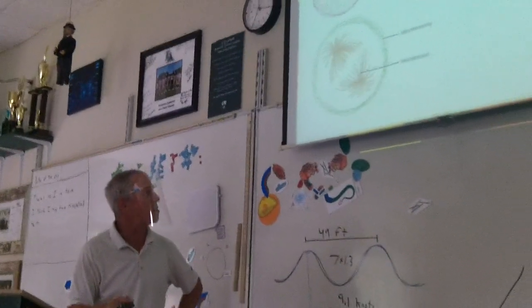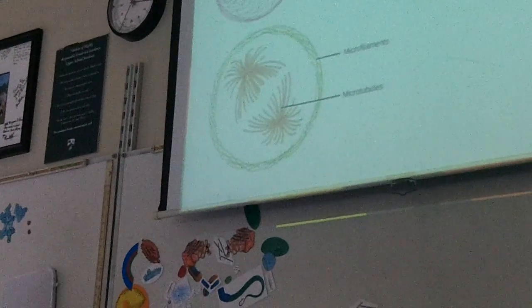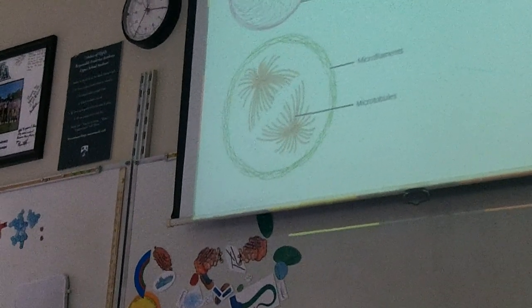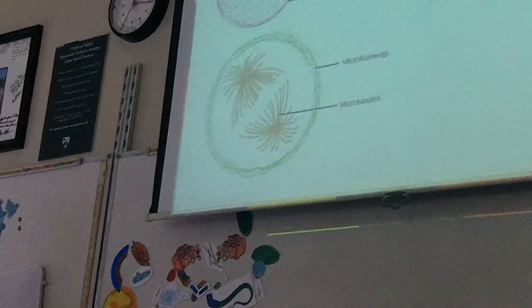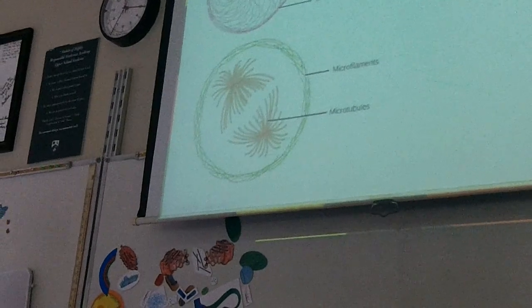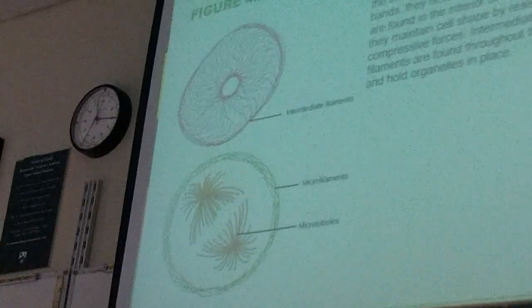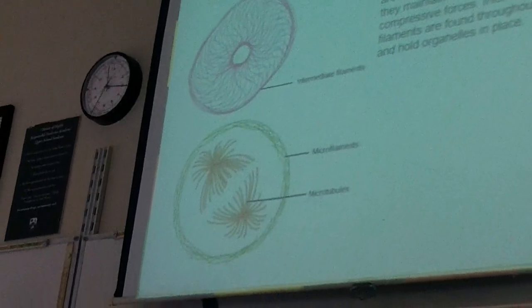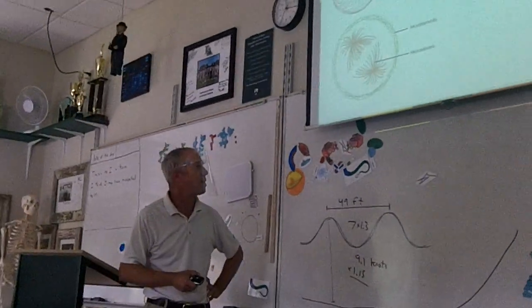The centrioles go to opposite sides of the cell, and they fire out spindle fibers. Do y'all remember those? Spindle fibers are called microtubules, and those are the bigger fibers. So you basically have microtubules, intermediate filaments, and microfilaments. Those are the three kinds of sizes that we're talking about.